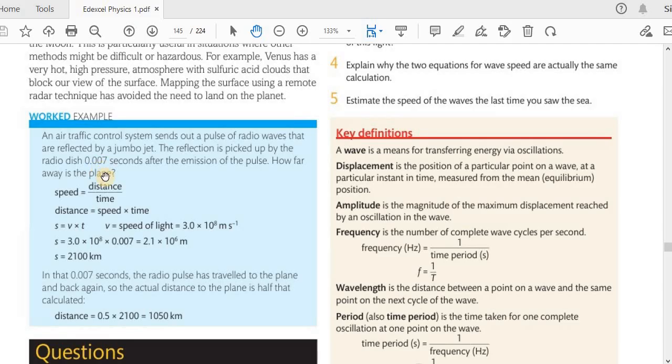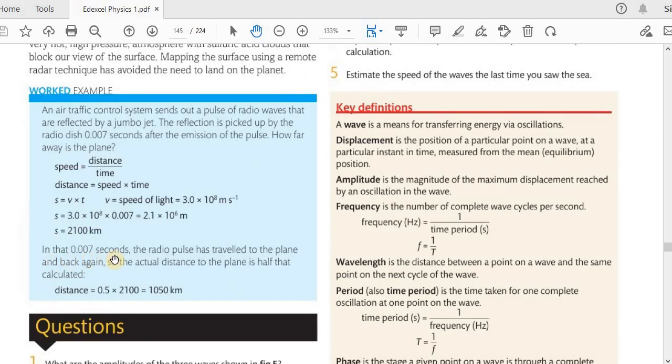So it goes twice the distance. This is the distance from the emitter to the object and then back to the emitter, where the receiver and the emitter, we can say, are at the same place. So in that case, in 0.007 seconds the radio pulse has traveled to the plane and back again, so the actual distance to the plane is half that calculated.